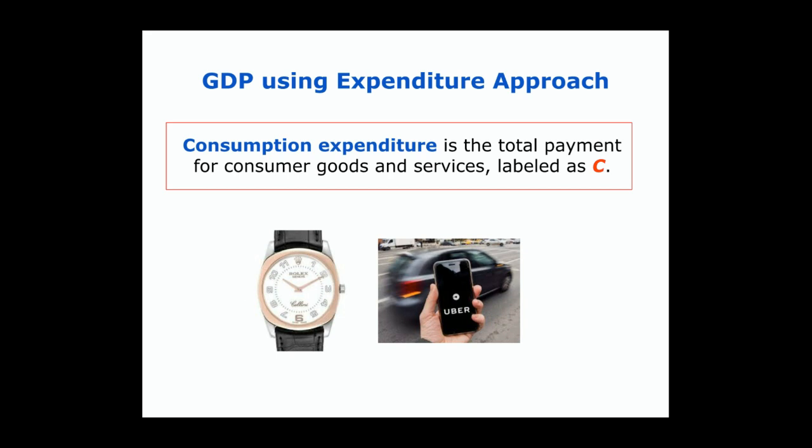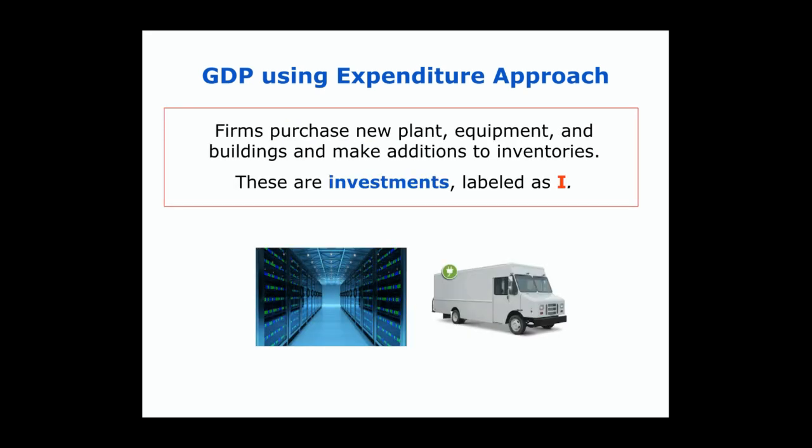We can take up all of the consumption expenditures made by consumers. This is for goods and for services in a given period of time, and we label that as C, for consumption. We then can look at all the investments that are made. This might be to purchase and build out new plants, new equipment, to build new buildings.